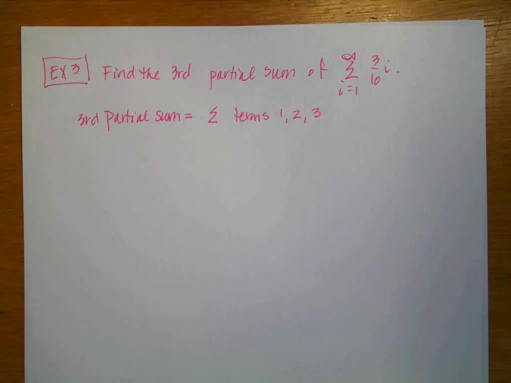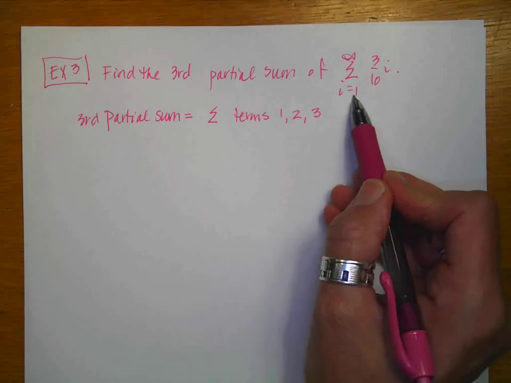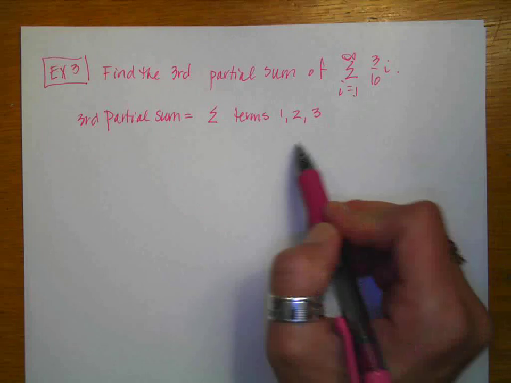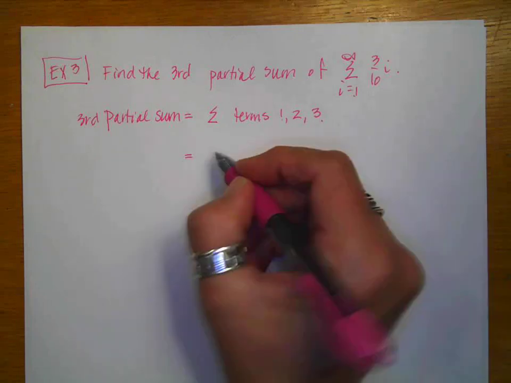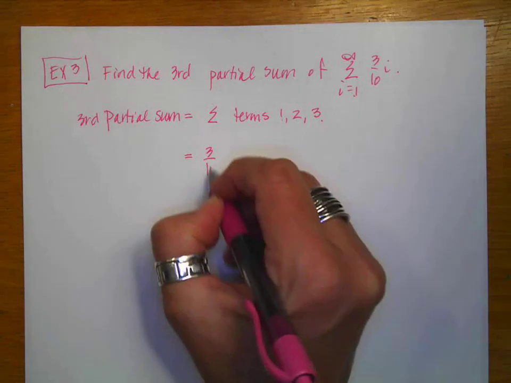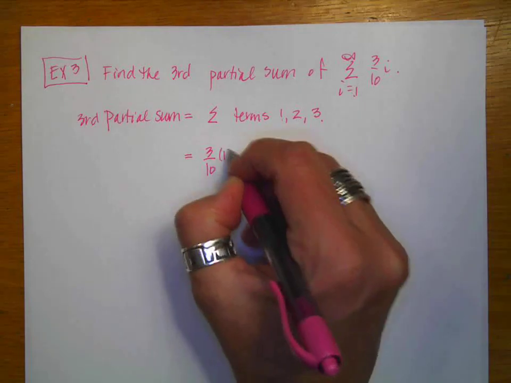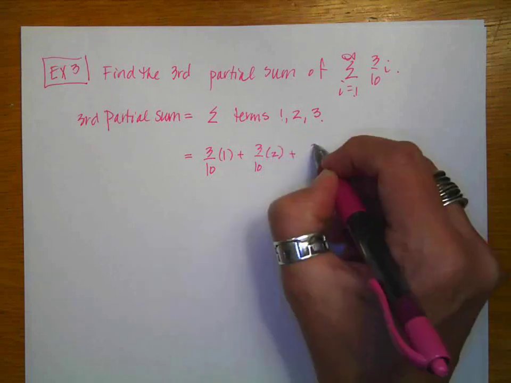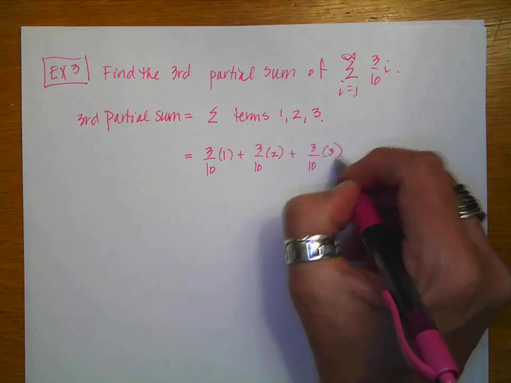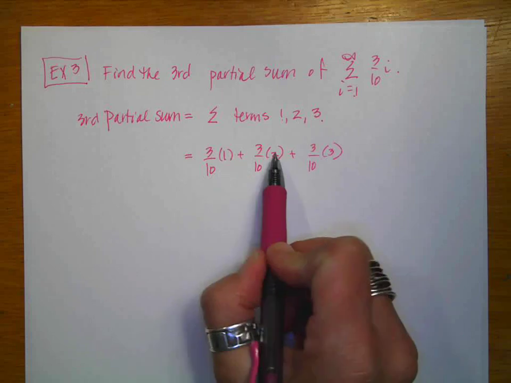When they tell you to do a partial sum, we assume that you start at the beginning, and in this particular case, the beginning is 1, so it would be the sum of those first 3 terms. So if I was doing it by hand, it would be 3 over 10 times 1 plus 3 over 10 times 2 plus 3 over 10 times 3.